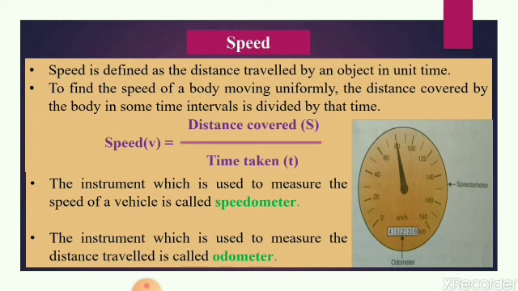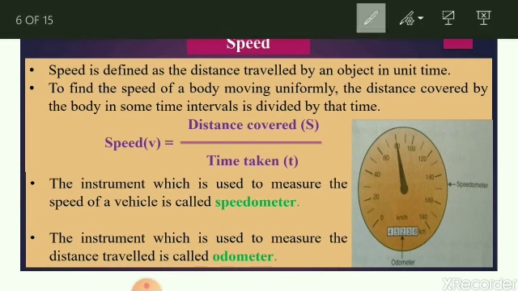As you can see, speed, which is designated as V, is equal to distance covered, that is S, divided by time taken. So it is called speed.